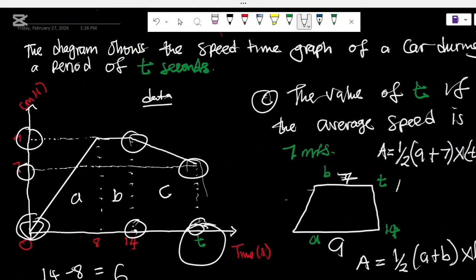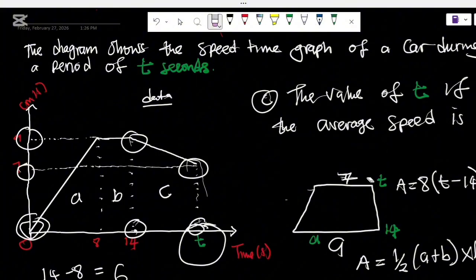So this is going to be area is equal to, this is 16, and 16 by 2 is going to be 8. So this is 8 times (t minus 14). So when we have that as our area and the distance which we have, which is 90, then the total distance is actually 90 plus everything here. So let's go ahead and deal with this problem. Let's first rub this off.